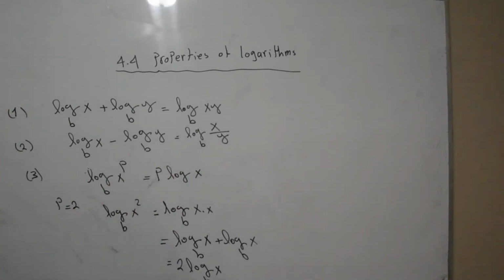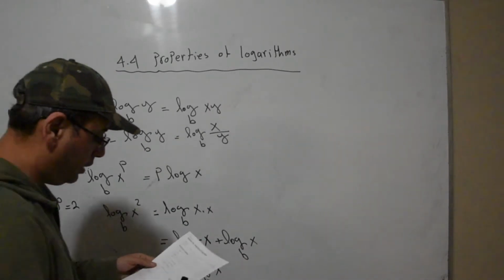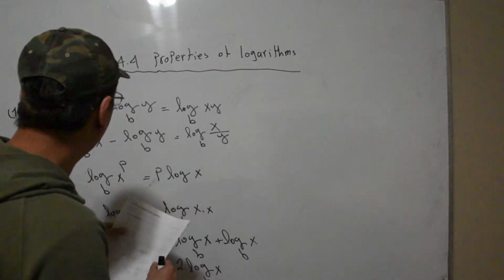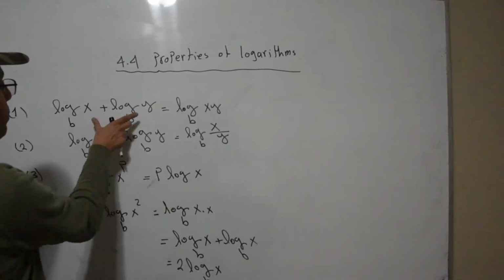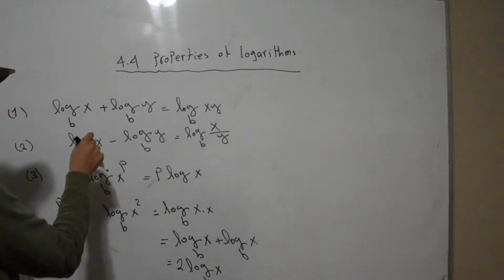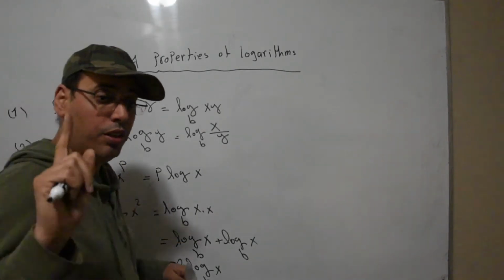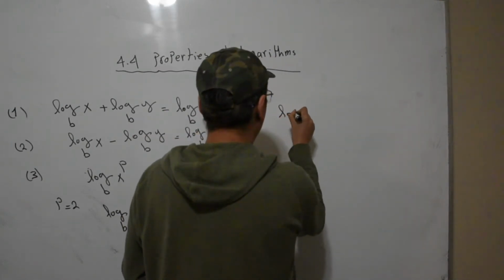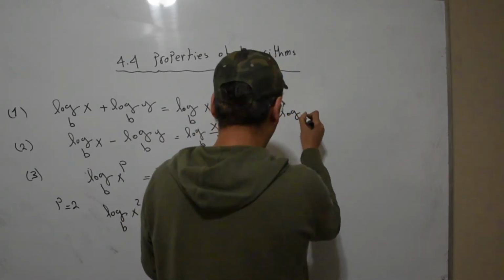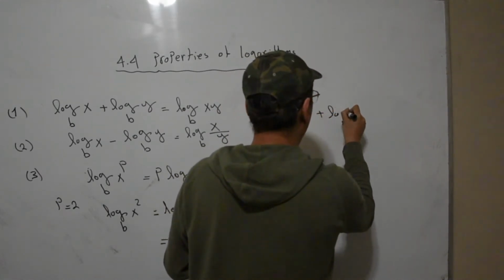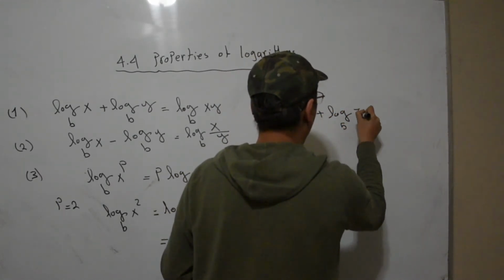Let's get some examples of that. So with these 4 examples, I'm going to combine the add and subtract into 1 log. So I am combining 2 or more logs into 1 log. Let's get a simple example first. Log base 5 of 2 plus log base 5 of 7.